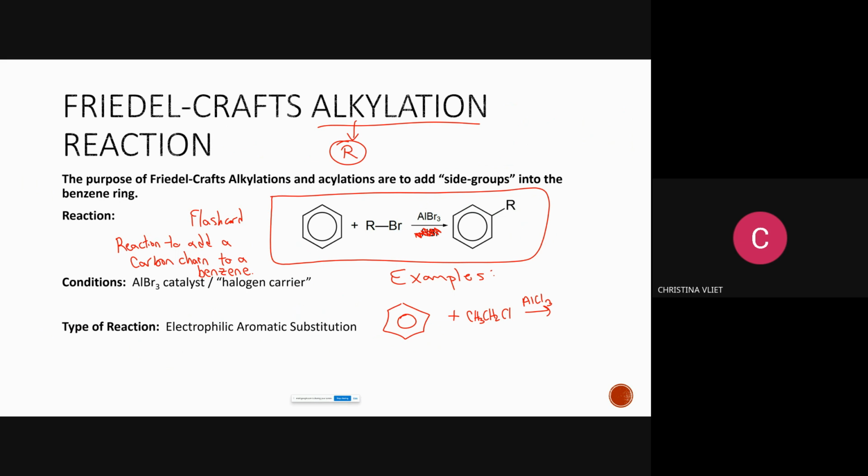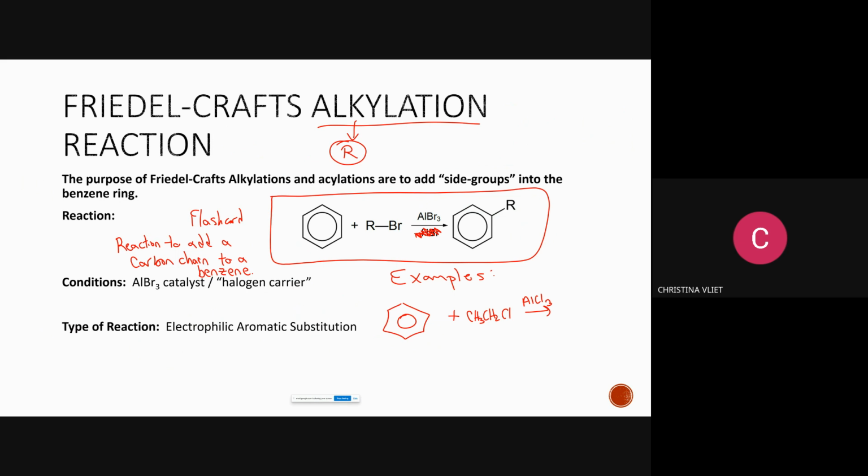I'll pause to give you a little bit more time, and then I want you to look at the board to look at a couple of examples. So notice what it says here. Whatever the R group is, adds to the ring. What's the R group here in this first example?